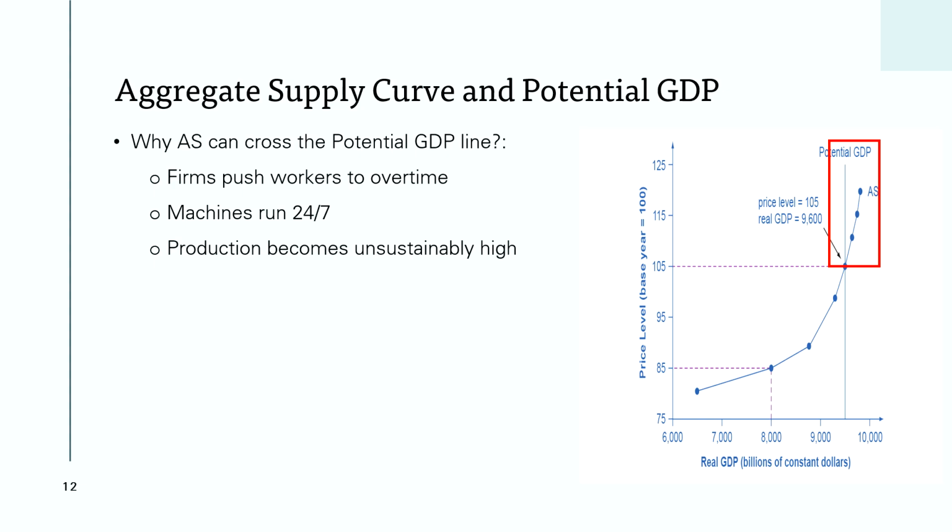But this level of production is not sustainable in the long run. Workers burn out, equipment wears down, and production costs rise. So although the aggregate supply curve can extend beyond potential GDP briefly, the economy will eventually return to its long-run capacity.